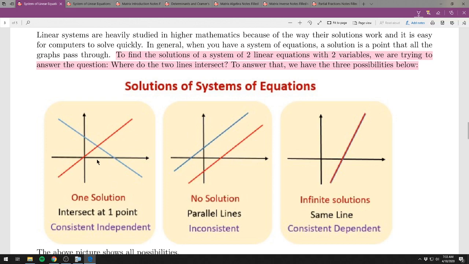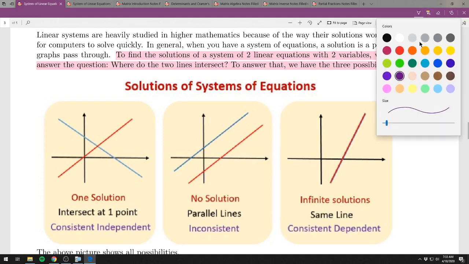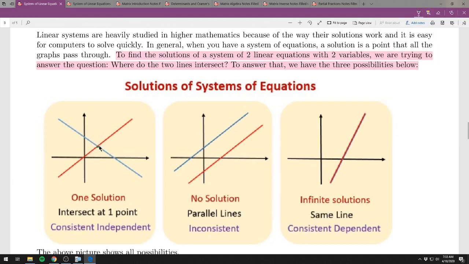Right. So one possibility here, which is the one that is most common, is if lines aren't parallel, then there's one solution. Okay. So the way to quantify this left picture, the lines are not parallel, and there is one solution.